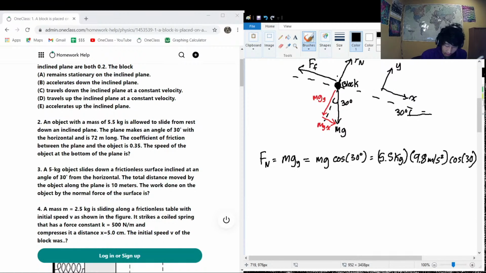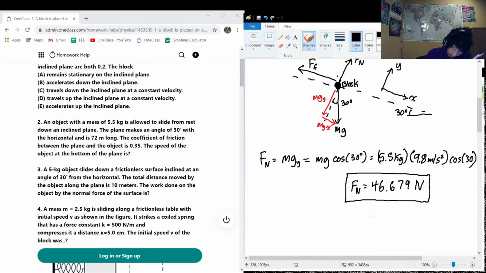And my calculation for that, Fn is equal to 46.679 newtons. Okay, now why do we need the normal force? Because it is a part of our calculation for the frictional force.